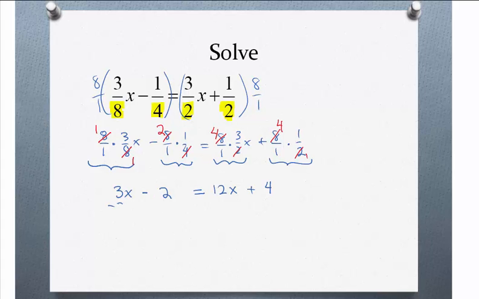You solve it like you solve other linear equations, moving your variables to one side, your constant terms to the other. Oops, I'm going too fast. I need to subtract 4 from the right side.